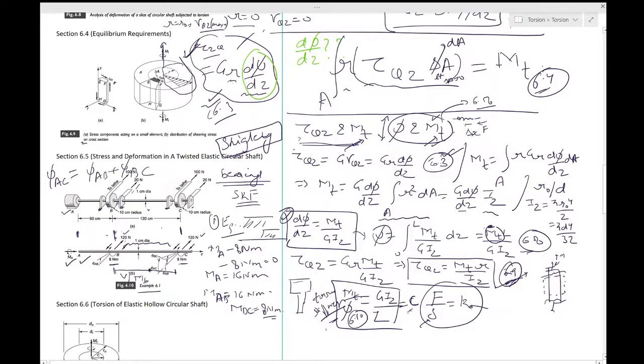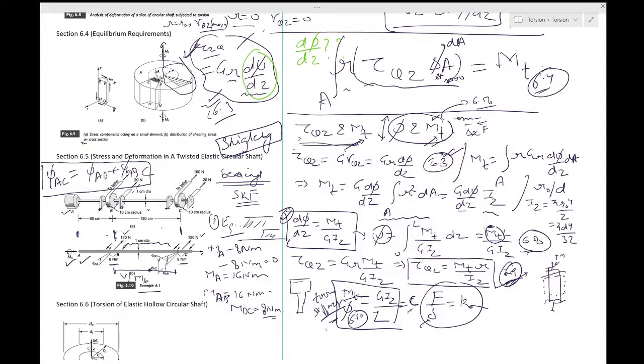That's straightforward. This is something which you can observe by twisting, say, an eraser, or if you can find something else which is easier to visualize. So the total twist will be the summation of those individual parts.